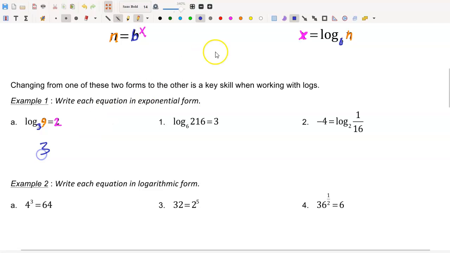So 3 to the second equals 9, right? Over here we'd have, what is this? 6 to the third power is 216. And since we have a number that's a fraction, it's not a surprise that the exponent is a negative number. So recall that negative exponents are not negative numbers, right? They're just fractions, small numbers.